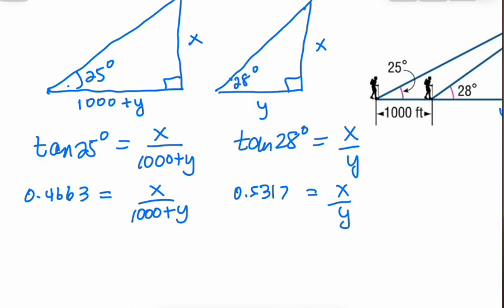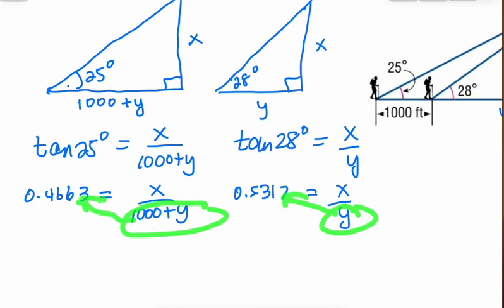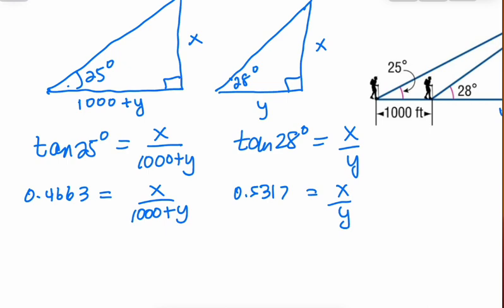And then I am going to cross multiply for each of those values so that I can get what X is equal to. So I get 0.4663 times 1,000 plus Y is equal to X. I just cross multiply.